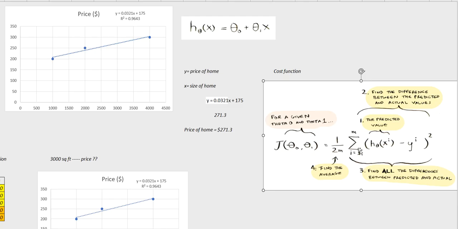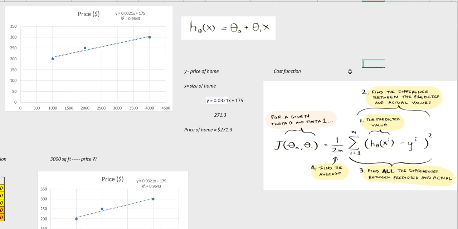Okay, so I can say that the difference of the predicted value with the actual value, if we square that, in short you can say the residual sum square error.